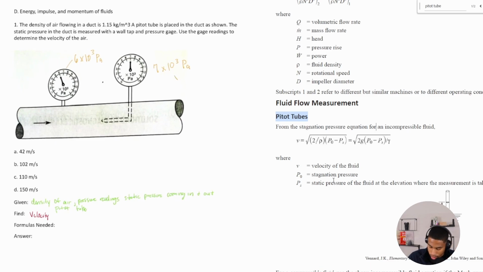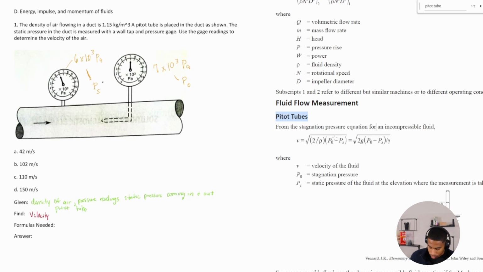So this would be our P0, and the static pressure, the fluid where the measurement is taken, is here. So that's going to be our PS. And what else is in this formula? So we get the velocity of the fluid.